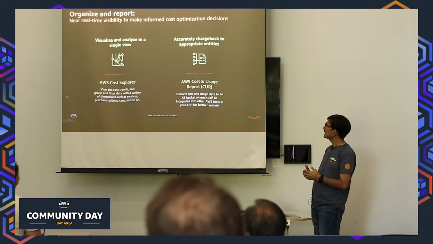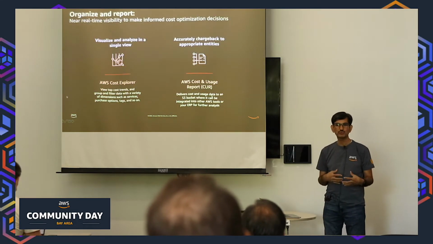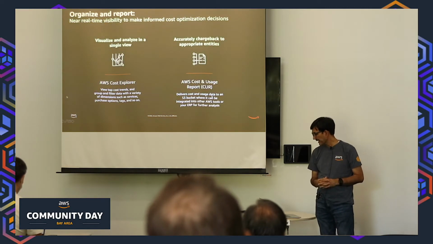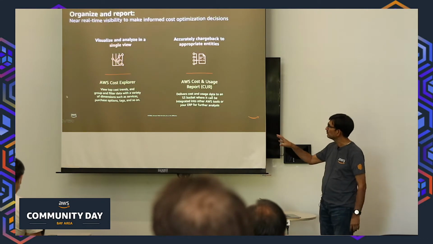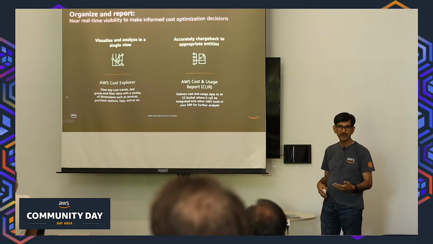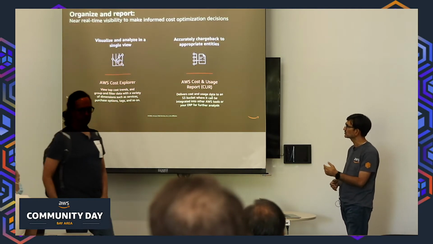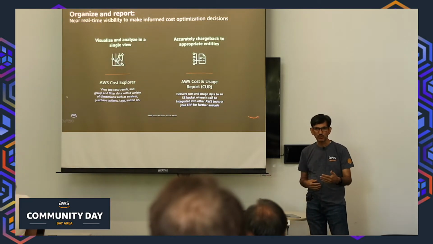So to organize and report, obviously, AWS provides you a set of solutions and tools. And to start with, we will talk about these two major tools, those are already available and the majority of you have seen it. One is AWS Cost Explorer, and the second one is Cost and Usage Report.